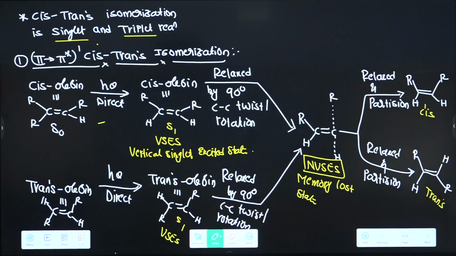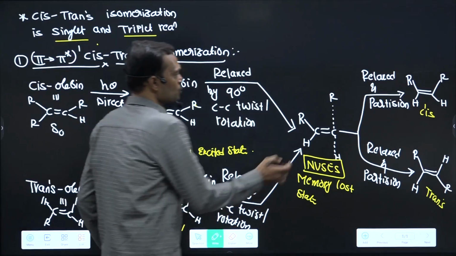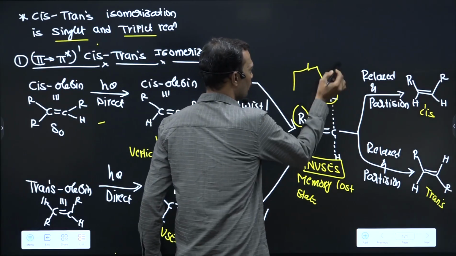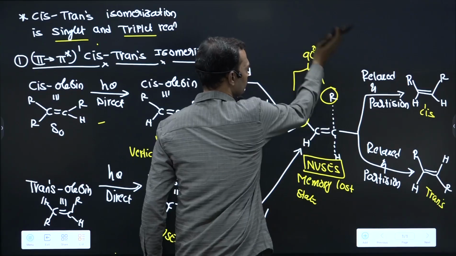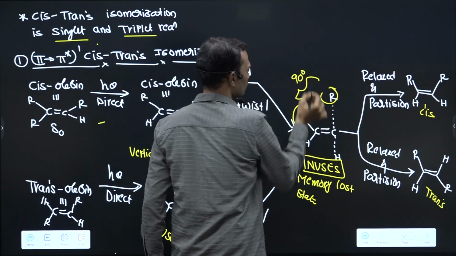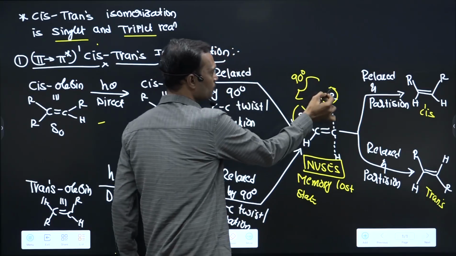Non-vertical singlet excited state is a common state for both cis and trans isomer. So now these two alkyls are separated by an angle of how much? 90 degree. 90 degree separation, these two.